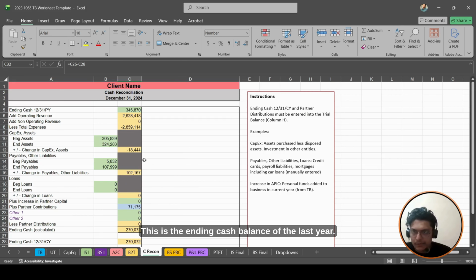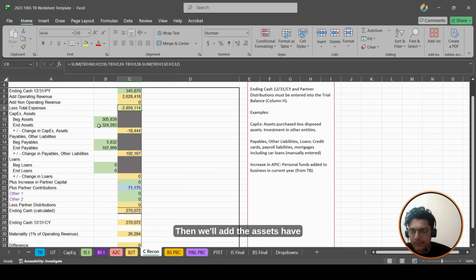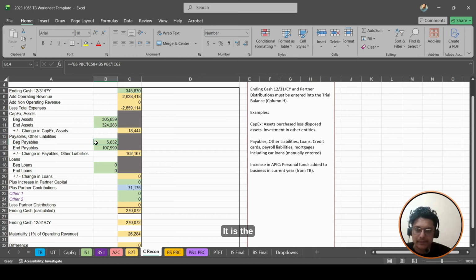I'll explain again. This is the ending cash balance of the last year, 345,870. Operating revenue plus, we'll deduct the total expenses. Then we'll add the assets we have generated around the year. Beginning assets contains the inventory, other assets, security deposit. Same with the ending assets. In case of the payables, it is the payroll tax payable or sales tax payable and other current liabilities.